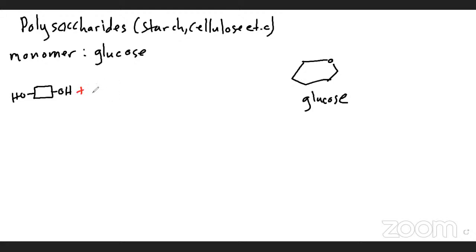From what I remember, don't we just combine them by aligning the fourth carbon number with the first? 1 and 4. Yes, sir. 1 and 4 glycosidic bond.